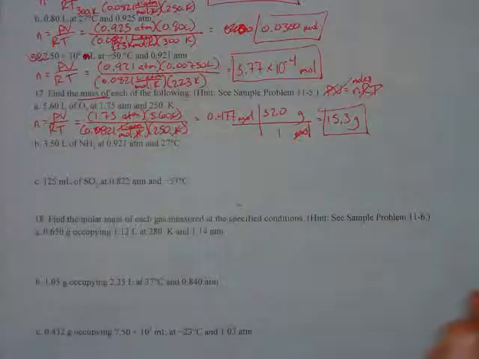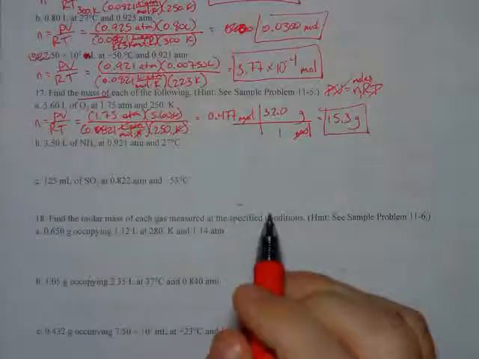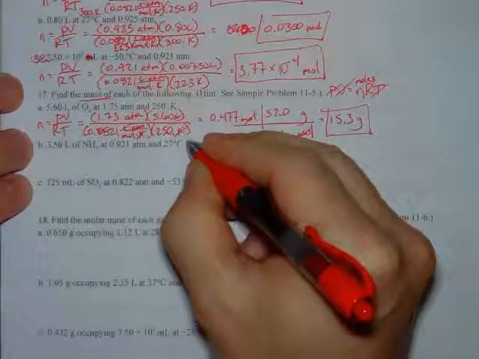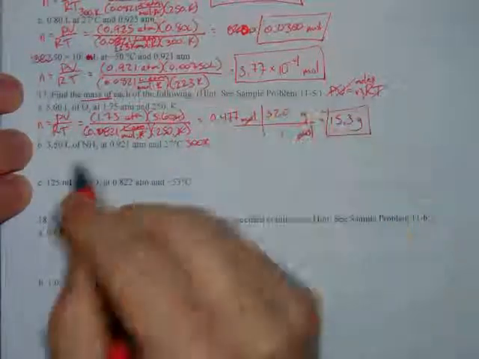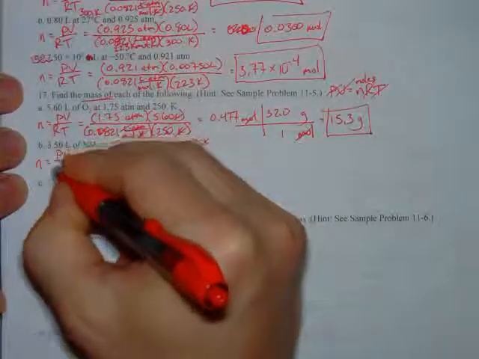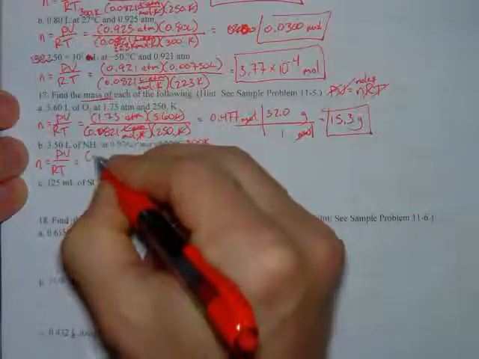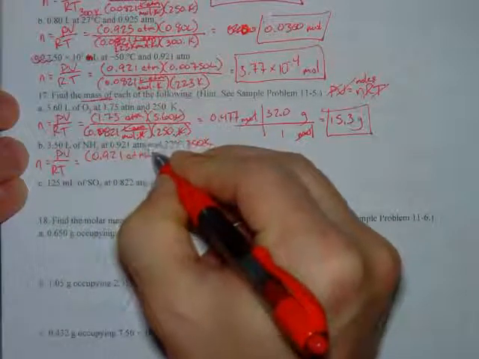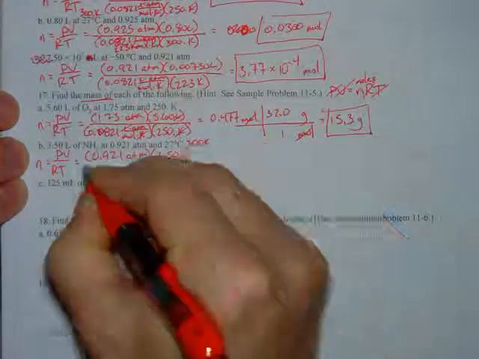So it's just a two-parter: rearranging PV equals nRT and then doing a simple molar mass conversion. Looking down at B, I notice that I have degrees Celsius again. Add 273, so that's 300 K. n is equal to PV over RT. My pressure is 0.921 atmospheres. My volume is 3.50 liters.